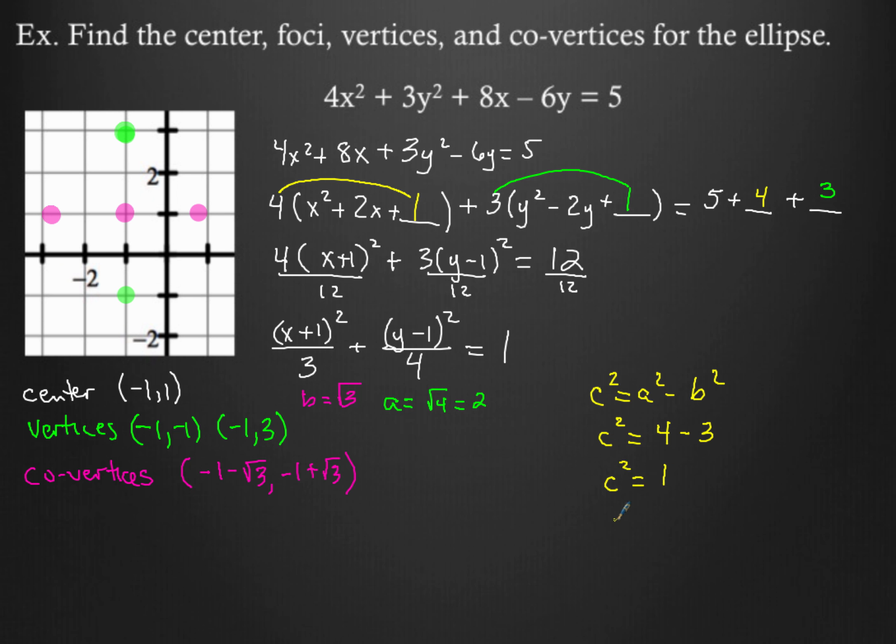When I take plus or minus the square root of 1, I just get the value of 1. So from my center, I'm going to go 1 below and 1 above to get the coordinates for my foci. That's kind of nice because it works out to be integers. I'm going to have -1, 2, and -1, 0. So those are going to be the coordinates for my foci.